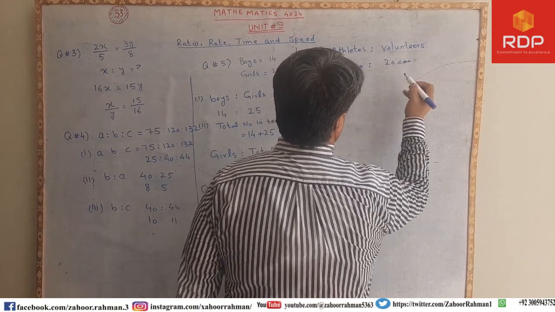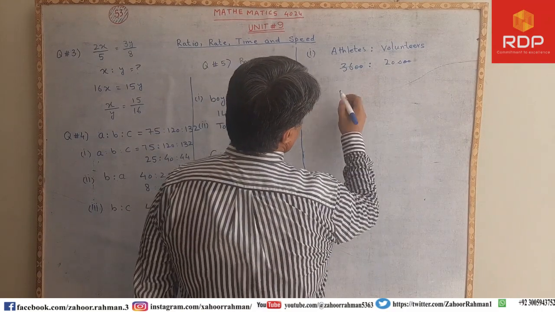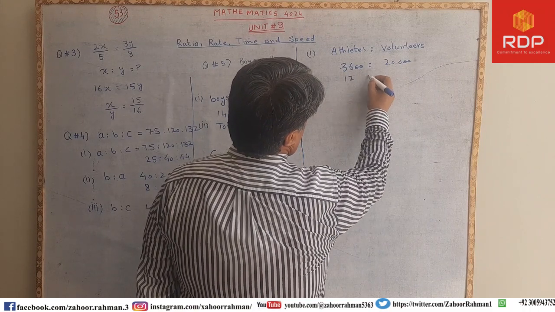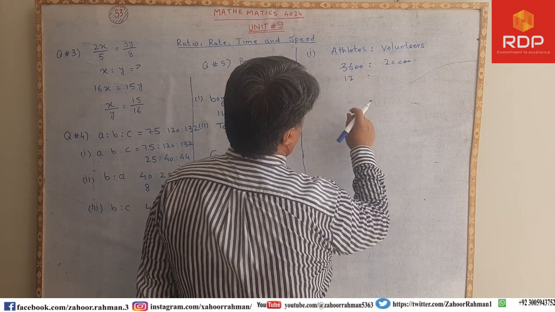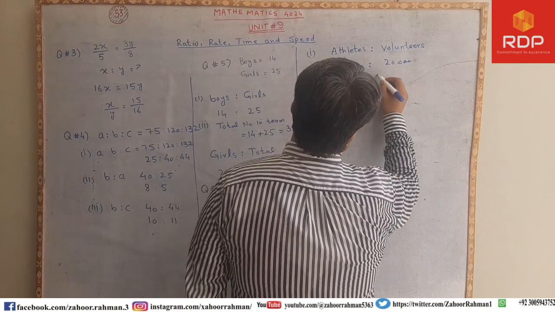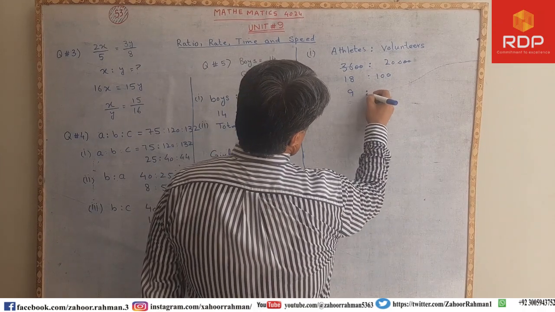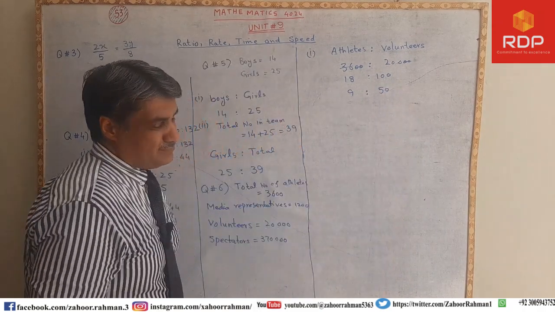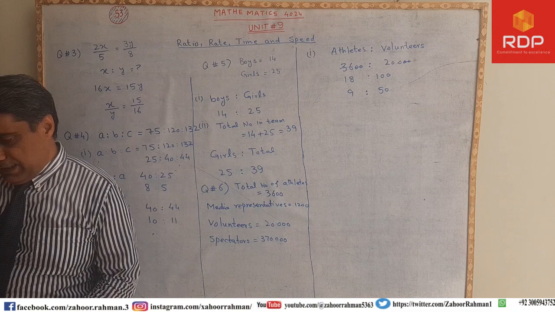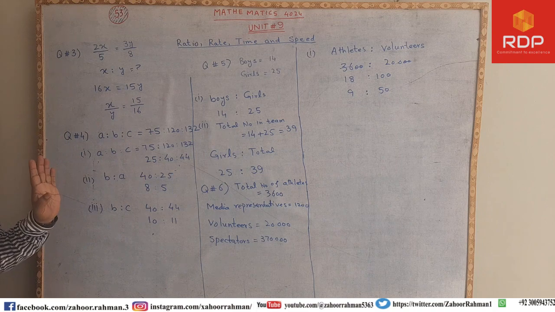These two zeros will be cancelled, and then both are divisible by 2. So 18 and 100. Again it is divisible by 2. 9 to 50. For 9 athletes there are 50 volunteers.